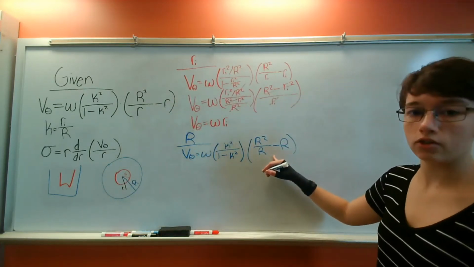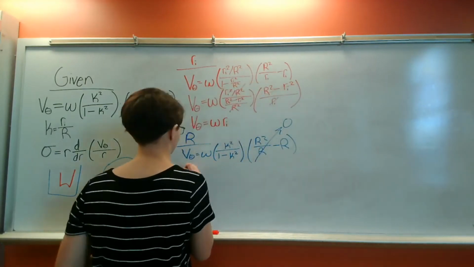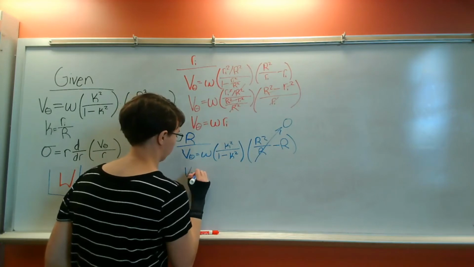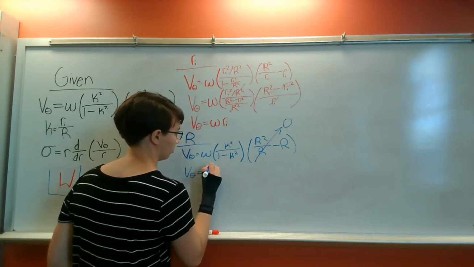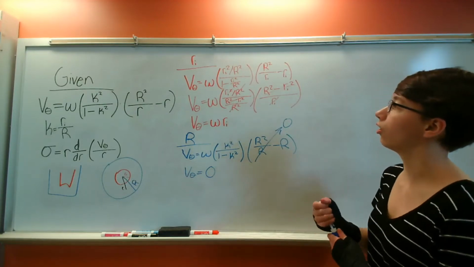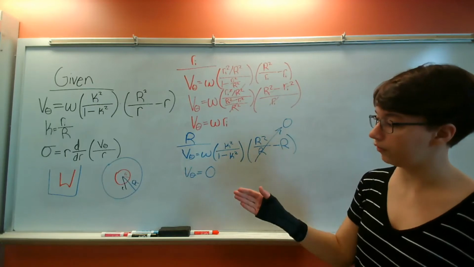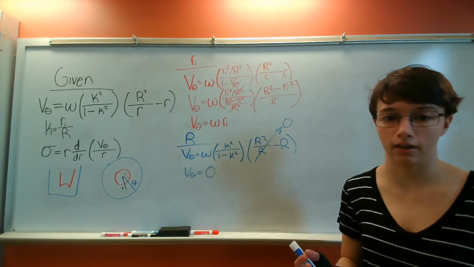And we can see that this term goes to 0. And so the entire velocity is multiplied by 0. So the velocity is 0. So from that, we can see that yes, the inner cylinder is moving and the outer cylinder is staying still.